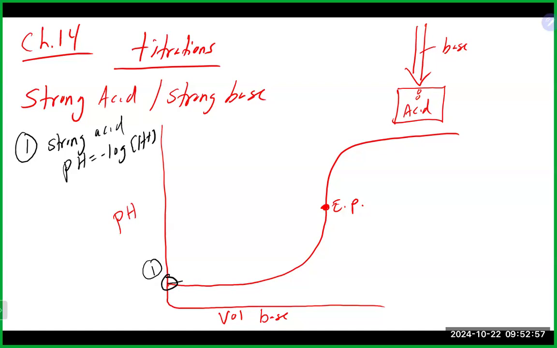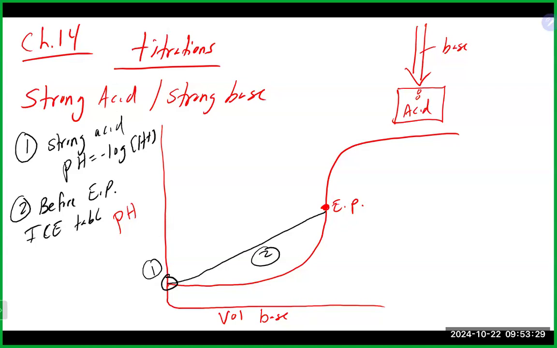Once you start your titration and work your way up towards the equivalence point, that's the second part of the titration curve, before the equivalence point. Whatever you are adding, you're going to have fewer moles than what you started with, because at the equivalence point they're equal. So this requires an ICE table, and since you are adding volume during a titration, it's a moles ICE table.